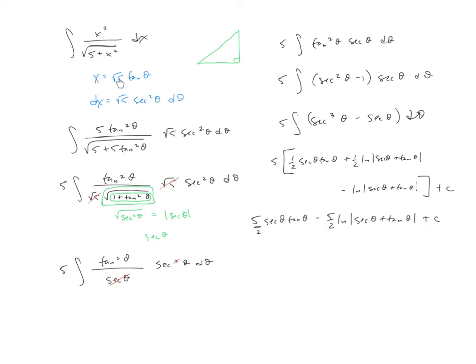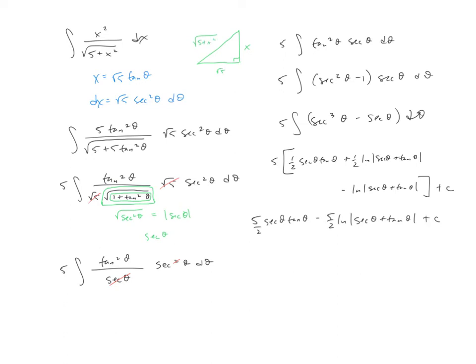Once you establish this as your initial substitution, you're going to use this guy for the rest of the problem, okay? That tells us that tangent is equal to x over root 5, which means that this would be our x, this would be our root 5, and then using the Pythagorean theorem, you could find out the hypotenuse is going to be the square root of 5 plus x squared.